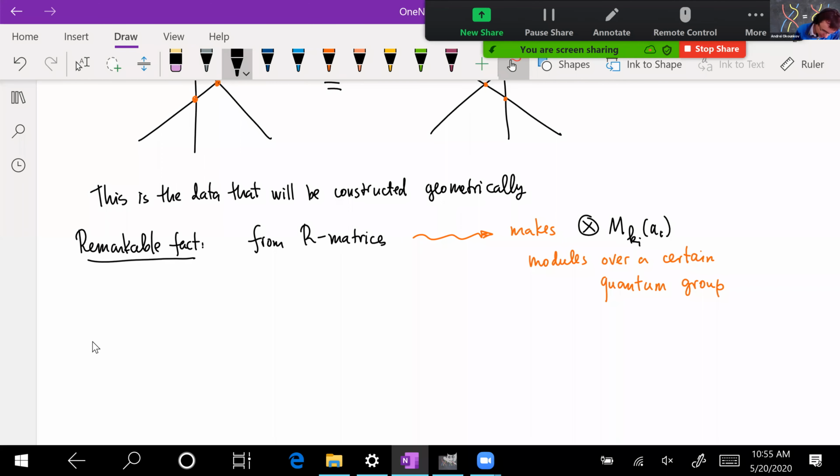Two references I like: one is a very old one, a paper by Reshetikhin, which precedes the famous Reshetikhin, Faddeev, and Takhtajan paper.